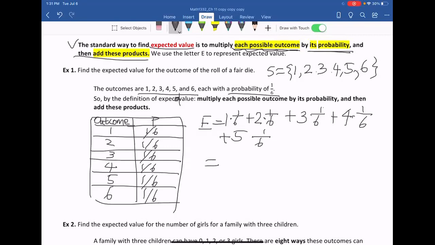And the result is 21/6, which equals 3.5. So the expected value of rolling a fair die is 3.5.